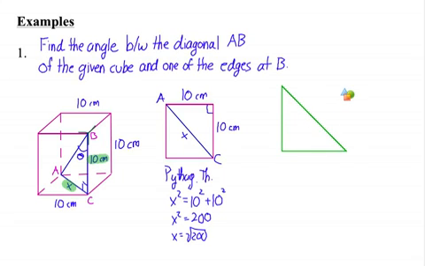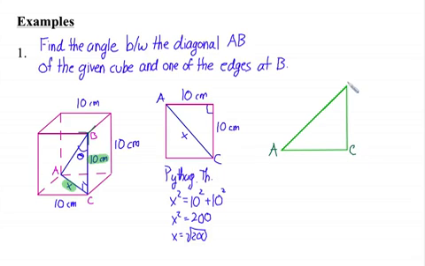Let's rotate this so we're in the right orientation, and let's label it. So again, this is now A, this is point C, and this is point B.